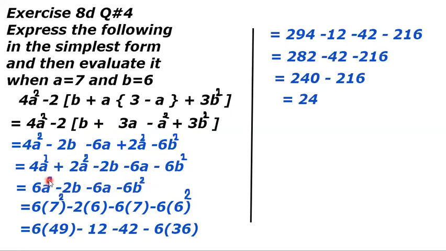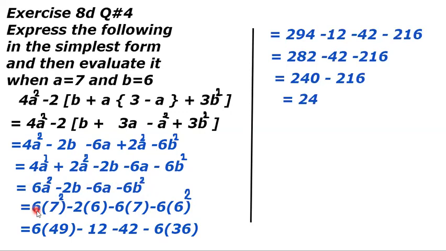First term has variable A square, it has B, it has A, it has B square. They are all unlike terms. Now it is the simplest form, it is the simplified form.